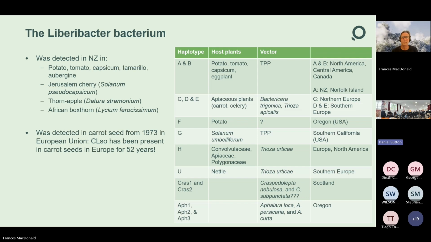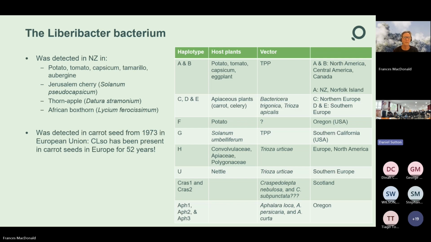The most interesting part is that when we look at our one that attacks potatoes, it has a lot of haplotypes. And they give them letters to indicate the haplotypes. And haplotype means that they're just slightly genetically different from each other.